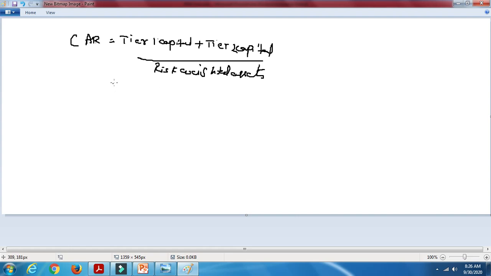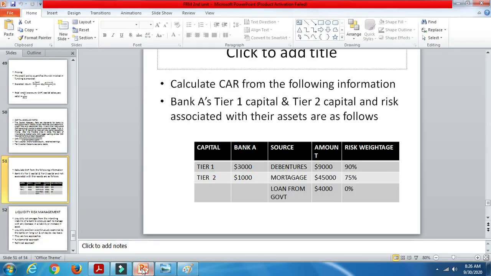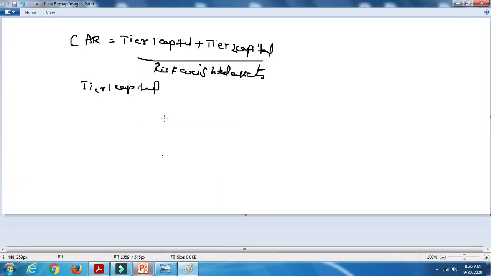So under the question, tier 1 capital, what has he given? Tier 1 capital is given as 3000.